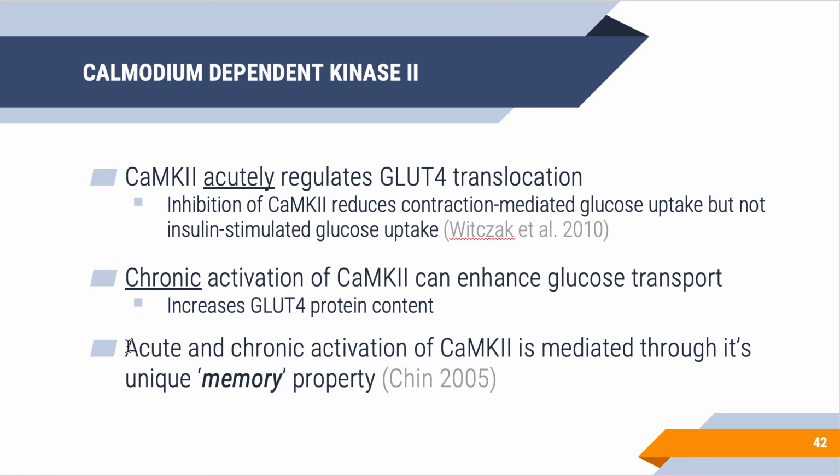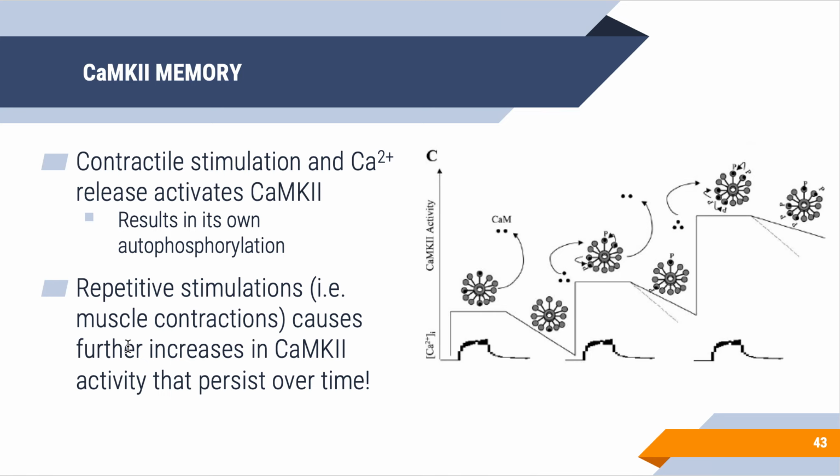How that memory property works is that contractile stimulation, so skeletal muscle contraction, causes these increases in calcium levels. Calcium activates calmodulin, which activates CaMKII. Once it's activated, CaMKII has its own autophosphorylation, so it phosphorylates itself.